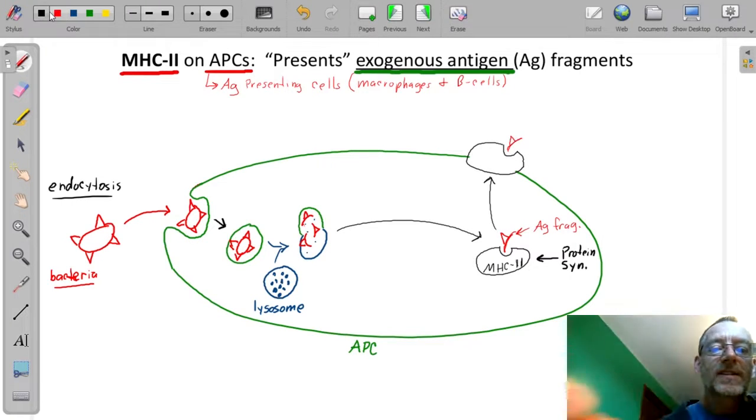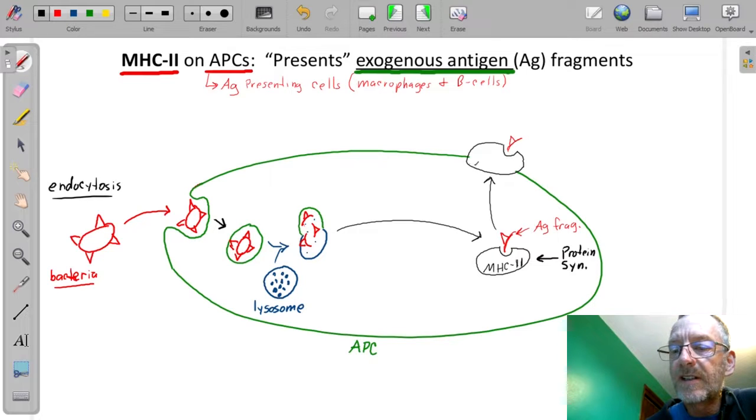So again, this is our MHC2 functioning as an antigen presenting protein and our antigen fragment. And so what we're doing now is waving this fragment, presenting this antigenic fragment to the rest of the immune system.